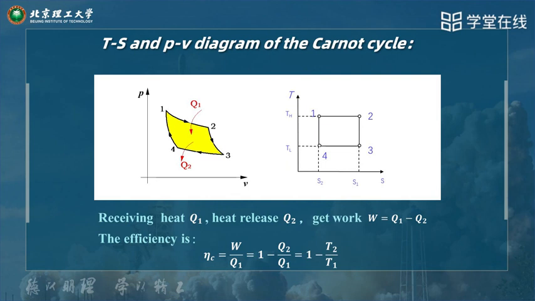The third equation is 1 minus T2 over T1. In that day, this was very difficult to obtain, but from the ideal gas equation, we can easily obtain this equation.